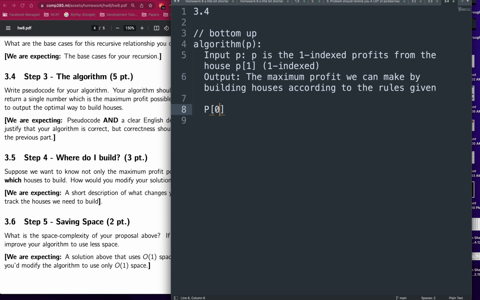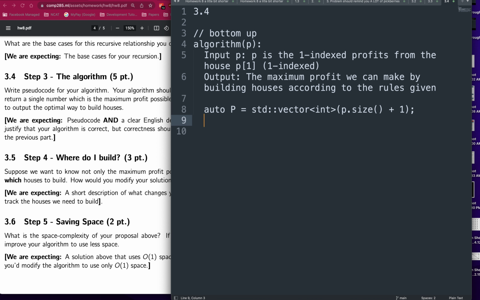So we first say P is going to be a bunch of zeros. Sure, we'll do a little bit of C++. Why not? We like to code. We're almost going to write this as opposed to real code. So P is just going to be a vector of integers of size P.size plus 1. It's going to be 1 bigger, just because we like it that way.